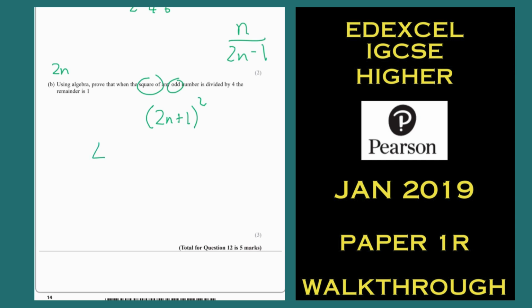So let's do it. Square the first, square the last, times the 2 together and double it. And the key bit, take the 4 out. So as long as n's an integer, you've essentially got a multiple of 4.